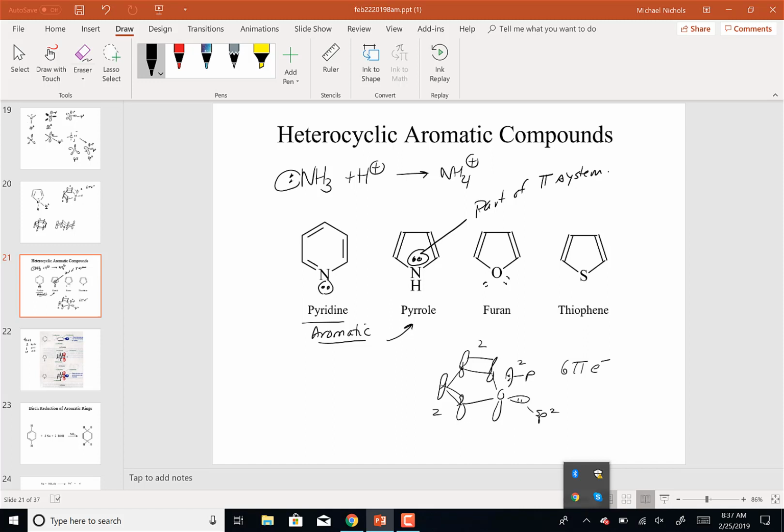So in this case, pyridine is basic. Pyrrole is not basic, because that lone pair of the nitrogen is part of the aromatic system, and once it becomes part of the aromatic system, it cannot grab an H+. Does that make sense to everybody?